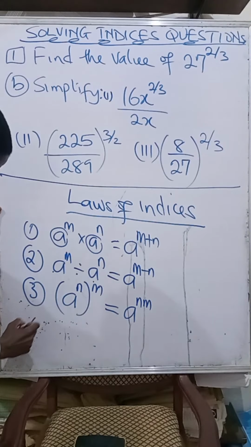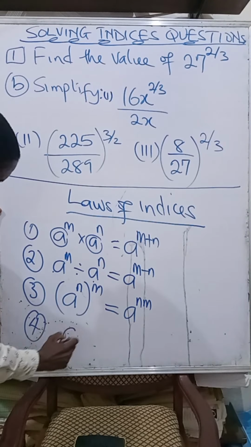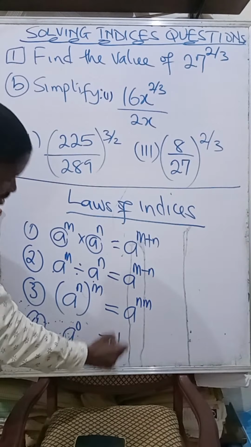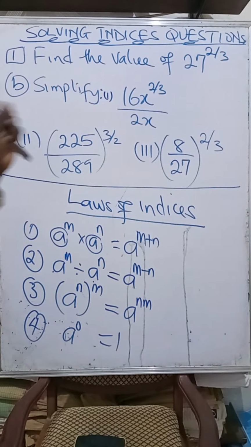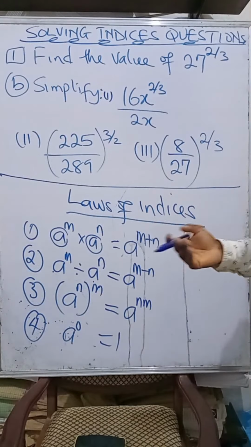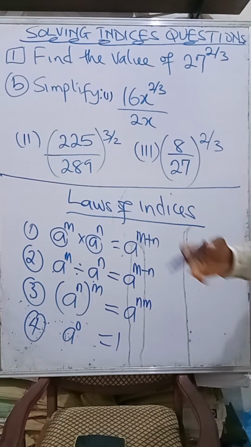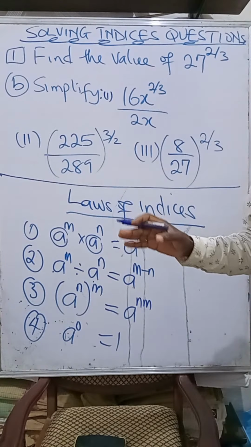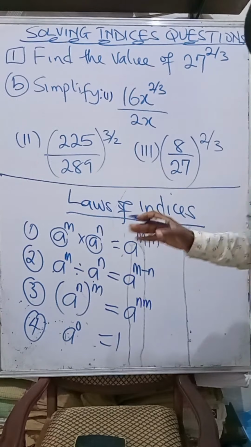Another one again: anything to power of 0 is what? Is 1. Even if you raise anything to power 0, you get 1. Anything to power of 0 is 1. 1 trillion to power of 0 is 1.